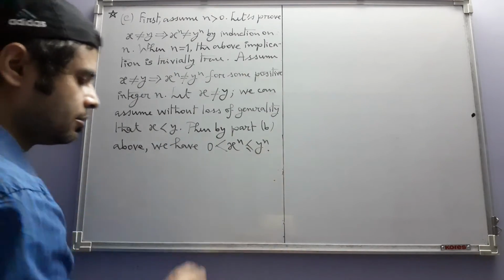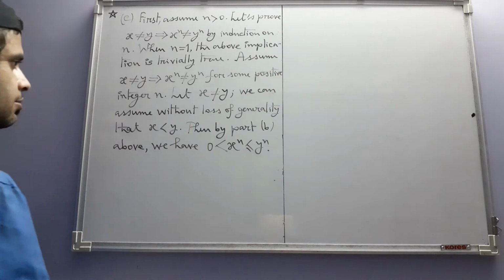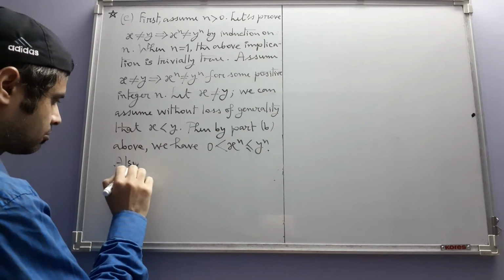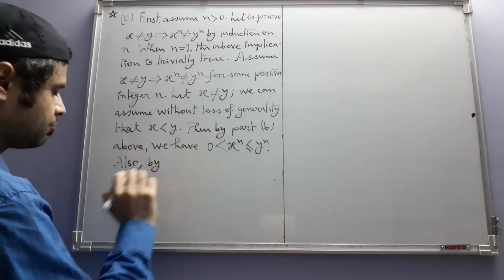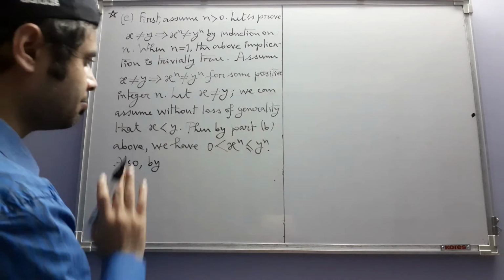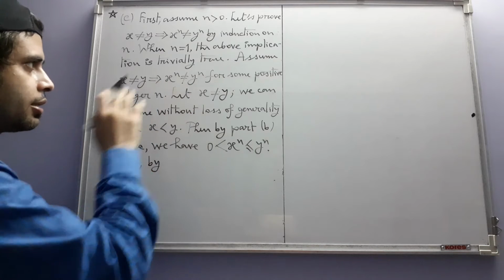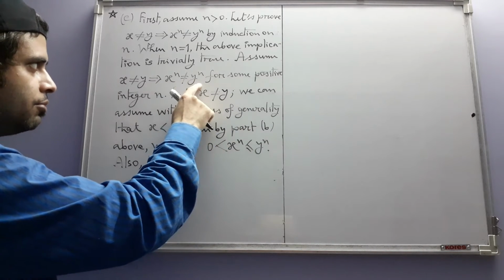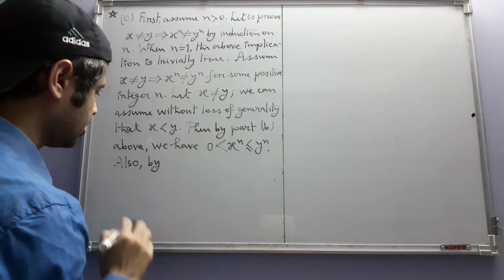Okay. But we have used part B here. We also have our induction hypothesis. Since x is not equal to y, x to the power n will be not equal to y to the power n.